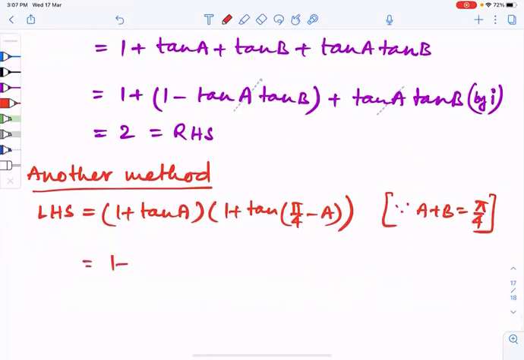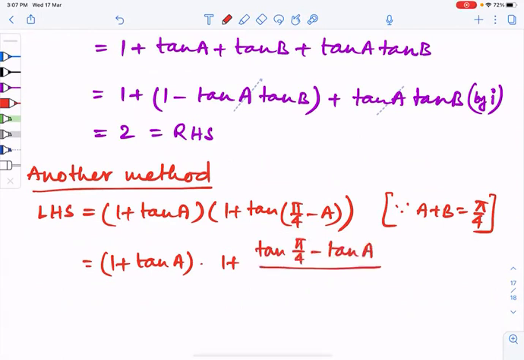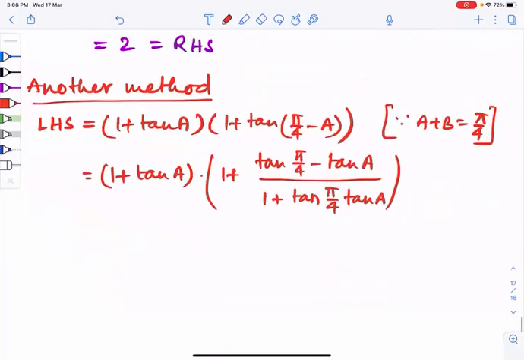Now it is 1 plus tan A into 1 plus, now what do I use for this one? It is like the tan of A minus B formula. So that's like tan pi by 4 minus tan A divided by 1 plus tan pi by 4 into tan A. I have just applied the formula of compound angle.